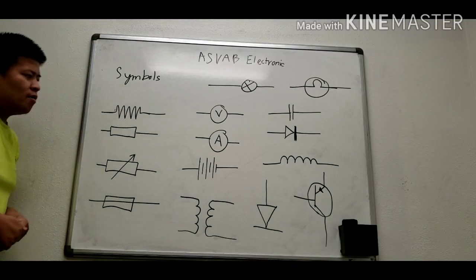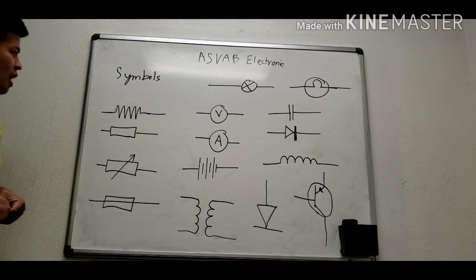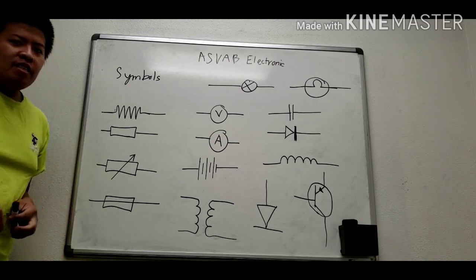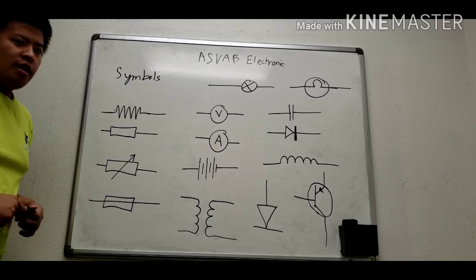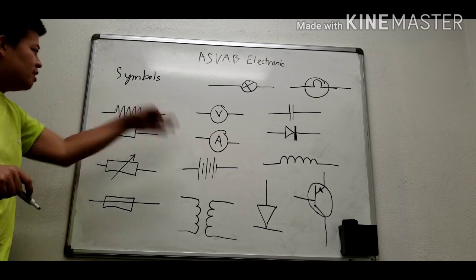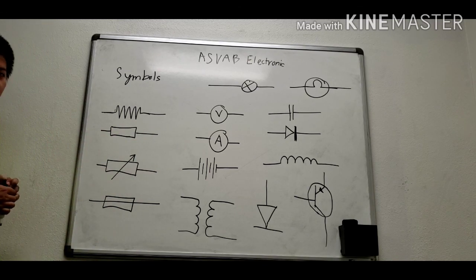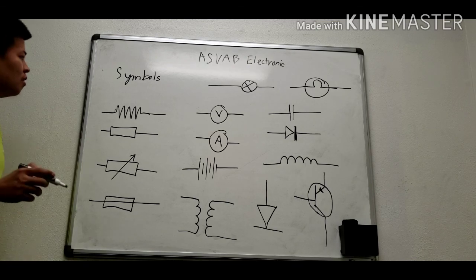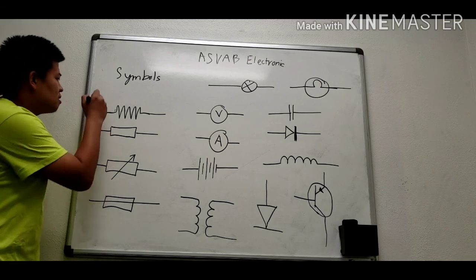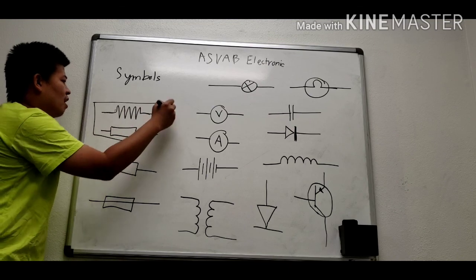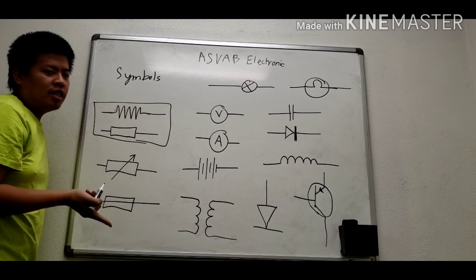We will learn about different kinds of symbols, and this is on the ASVAB electronic information. They will ask what the symbol of each is, so I will go through them one by one. First, we know that there are two types of resistor.